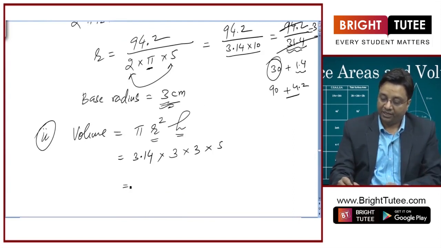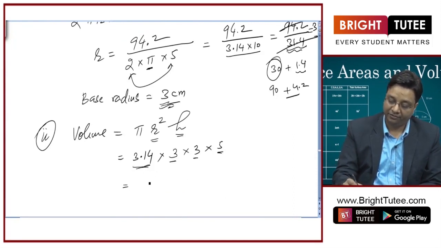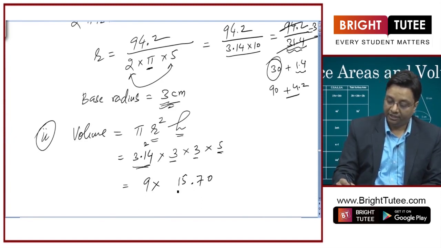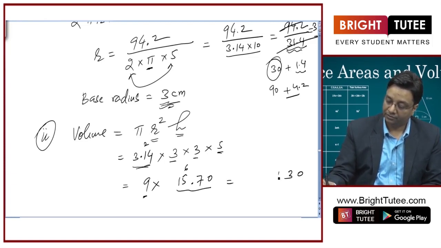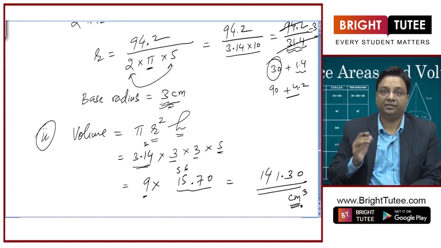Now, let us look at this. 3 into 3 is 9, and 3.14 multiplied with 5 will give you 15.70, and 15.70 has to be multiplied with 9, so it will give you 141.30 centimeter cubes as the volume.